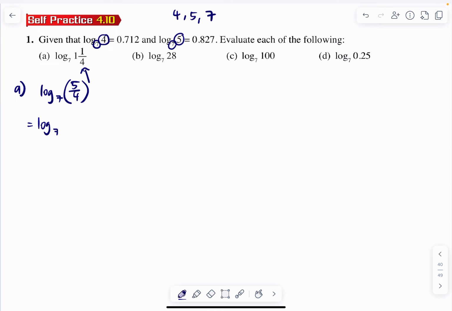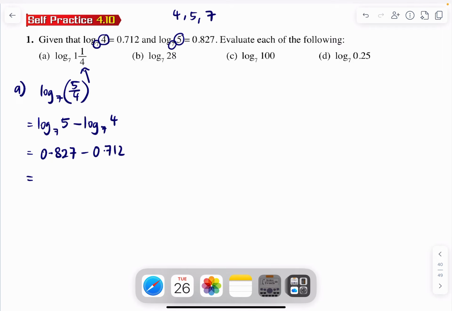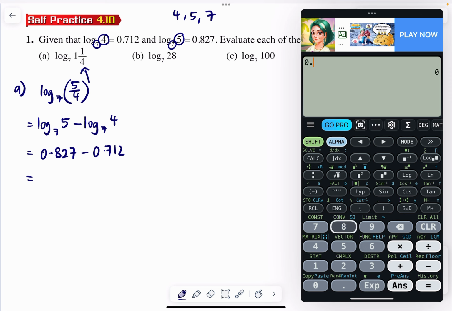So log 7 5 minus log 7 4. Right, so log 7 5 we have 0.827. Log 7 4 also we have, which is 0.712. So if you do this in your calculator, we get 0.115. Done.